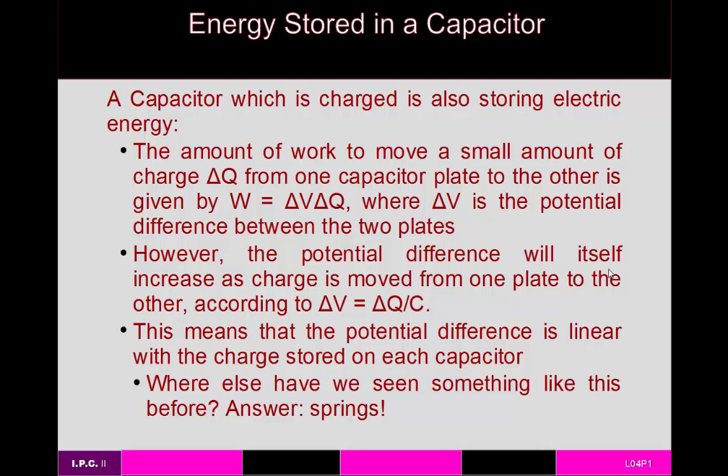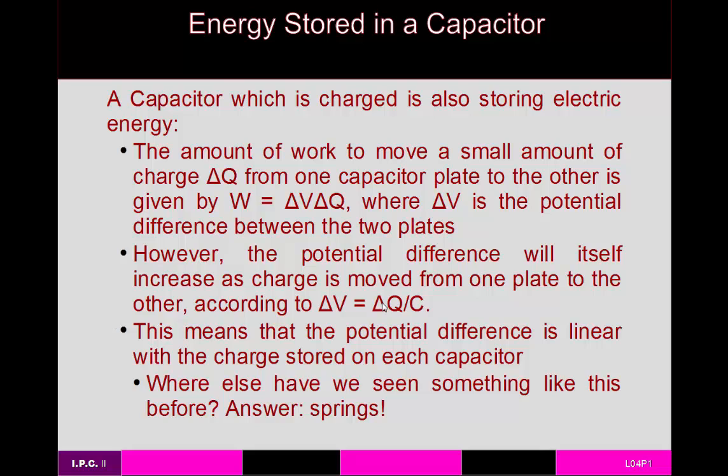The potential difference itself is going to be also changing though as you start removing charge, because the potential difference between the two plates is given by however much charge is on one plate divided by the capacitance of the capacitor.